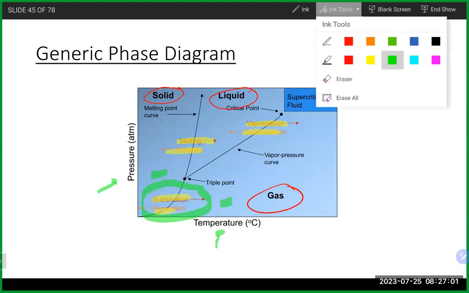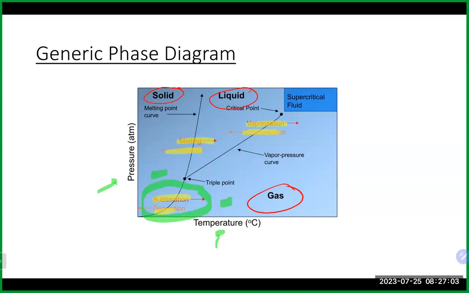And here are a couple other important points. Right there is the triple point. The triple point is where all 3 phases are happening at the same time, so that would be your pressure and temperature combination to allow that to happen. And here's the critical point up here. That's where we find our critical temperature and pressure. Above those temperatures and pressures, we hit a supercritical fluid.